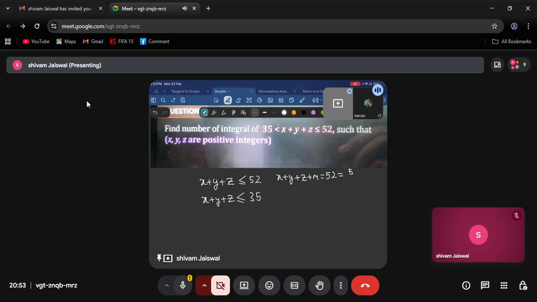But it can be less than or equal to 52, it can be equal to 52 also. Wait, I'll give a better one. So what have we taken? x plus y plus z is less than or equal to 35. We'll find the number of positive integral solutions. So 35 minus 1.